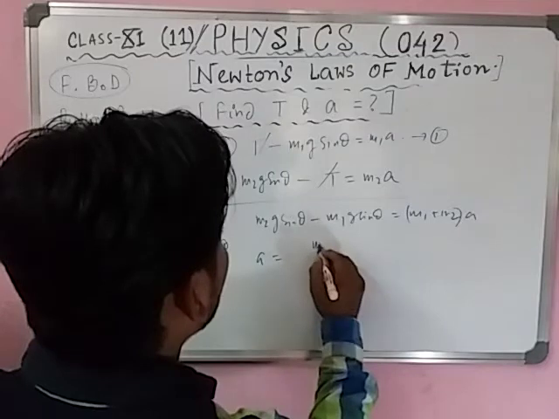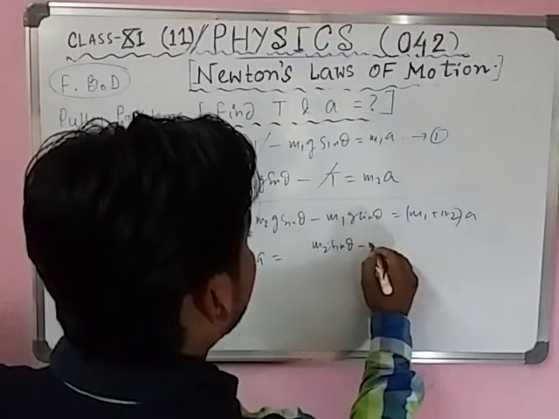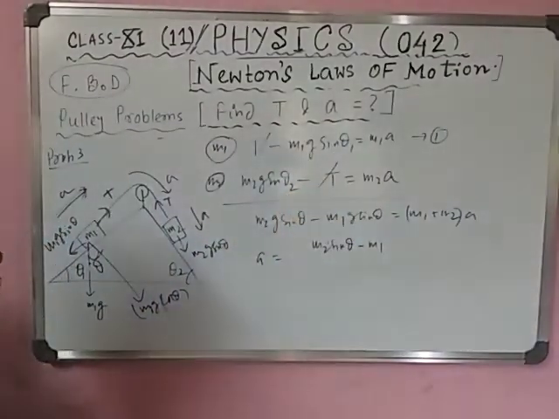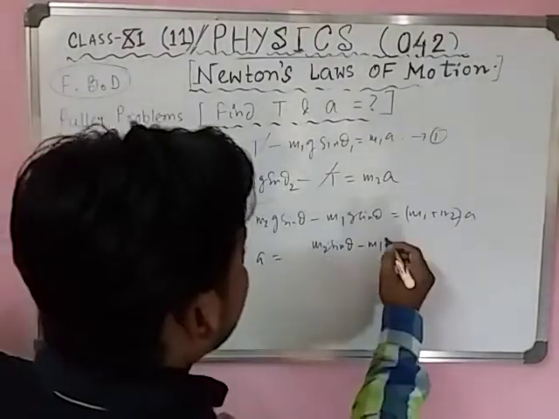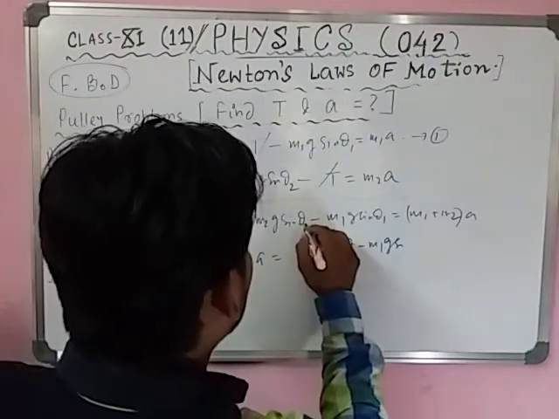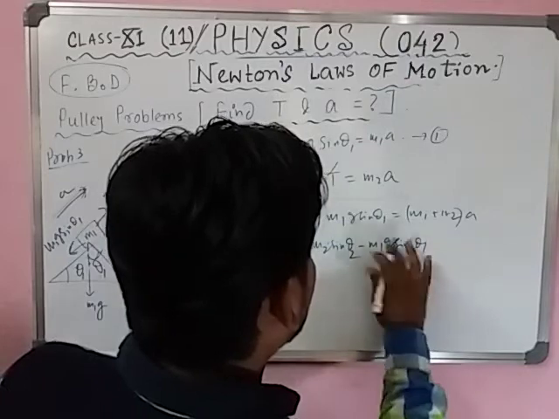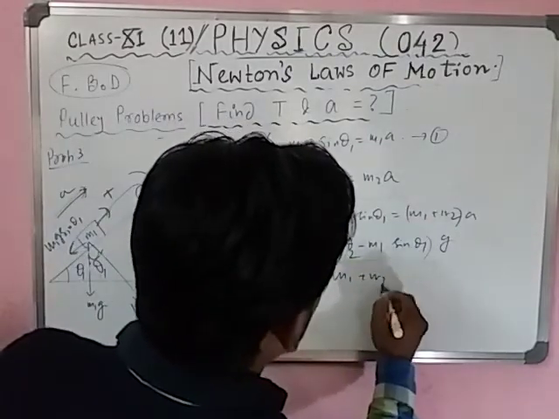So a equals (m2 sine theta 2 minus m1 sine theta 1) g divided by m1 plus m2.